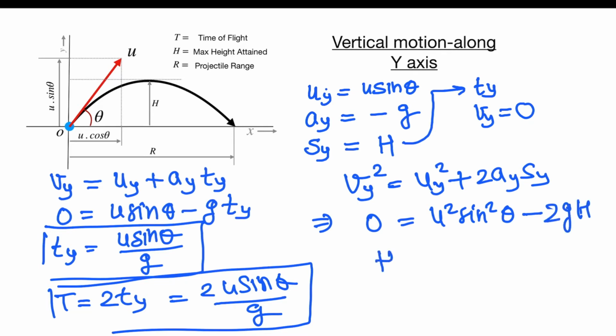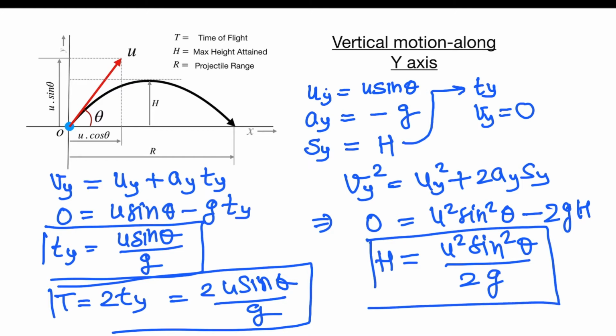So this will give you the maximum height attained by the projectile, which is equal to u squared sin squared theta divided by 2g. So this way, by analyzing the vertical motion of the projectile, we can find out the time of flight t and the maximum height h attained by the projectile.